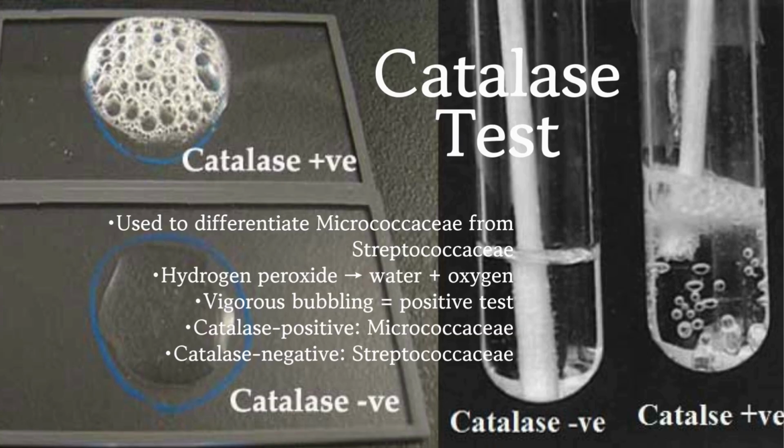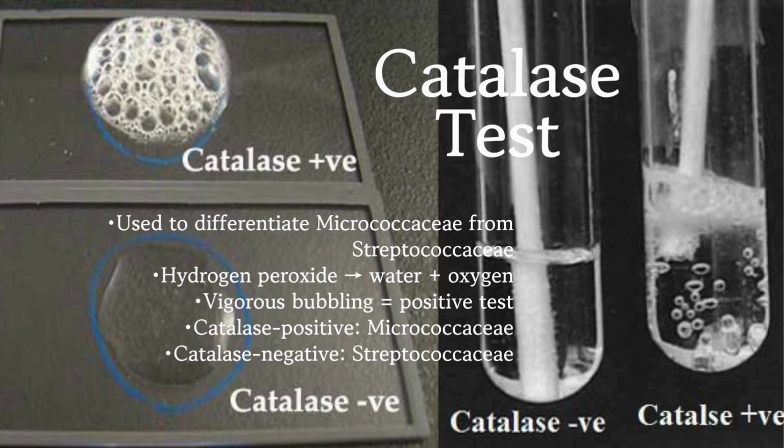So the Micrococcaceae are catalase positive and Streptococcaceae are catalase negative. This is a key test to differentiate Streptococcus from Staphylococcus or the Micrococcaceae family. As you know, Staphylococcus is always catalase positive and Streptococcus is always catalase negative.